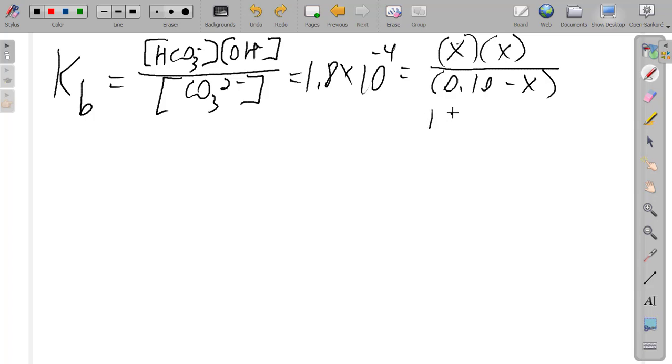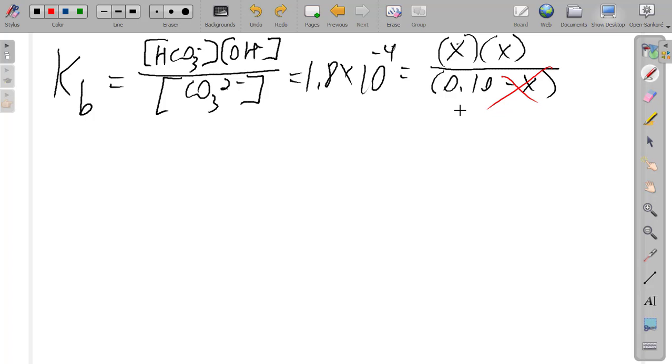0.1 is 1 times 10 to the minus 1, and that's 10 to the minus 4. I think visually you can see that's a greater than 10 to the 2 difference, right? That's a 10 to the 3 difference. So with that in mind, that means that the x here is negligible, and I don't need to worry about it. It's not going to add anything significant into the answer if I ignore it.